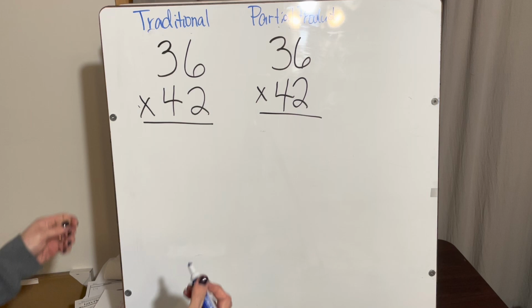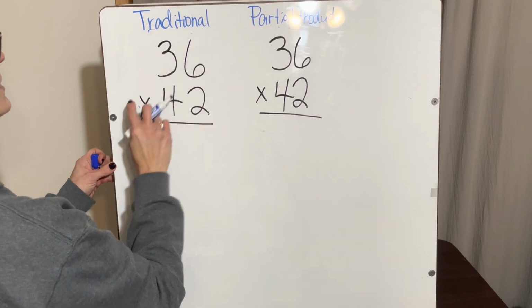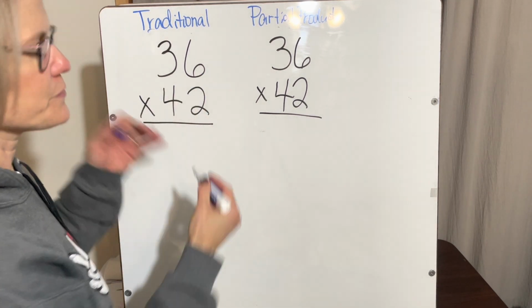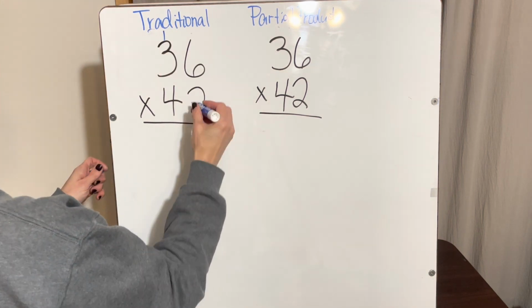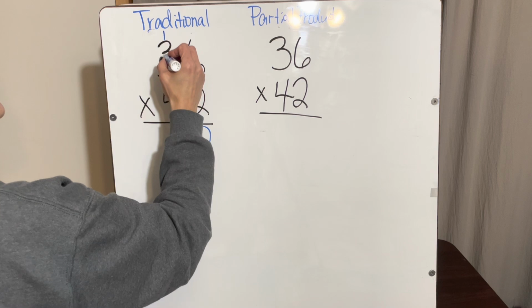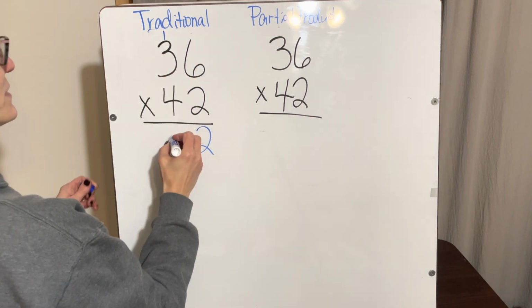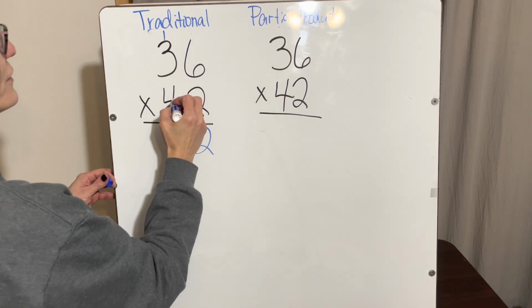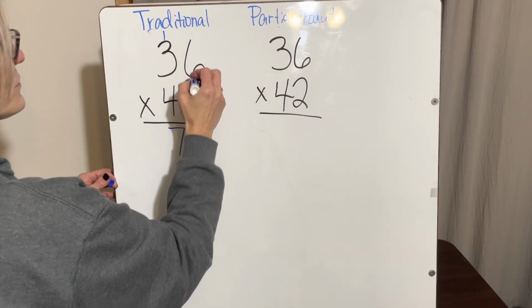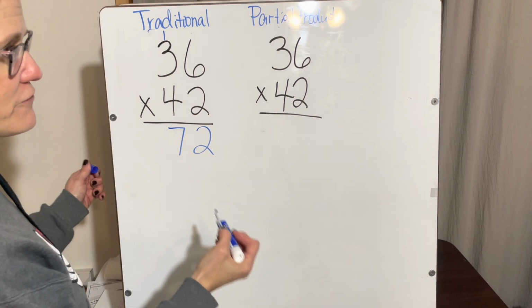All right. First of all, we have 2 times 6. Well, since we're doing traditional, 2 times 6 I know is 12. 2 times 3 is 6, plus 1 is 7. Then I've got 4 times 6, which I know is 24.